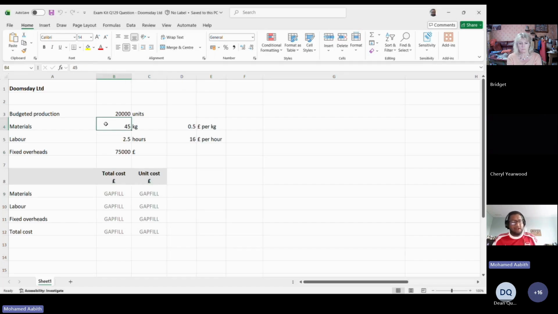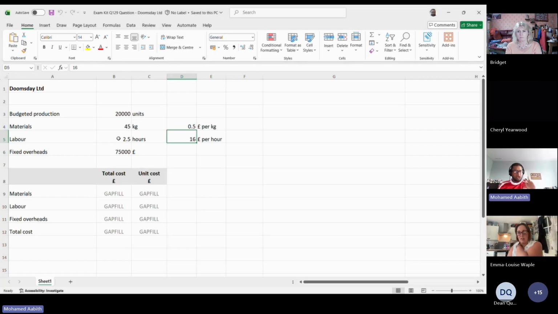What they're giving you here is how many kilograms of materials and how much it costs you per kilogram, and how many hours of labor it takes, and how much it pays you for the labor. So here, what I have to assume though, is that this is per unit. This is the cost per unit. These are per unit costs.